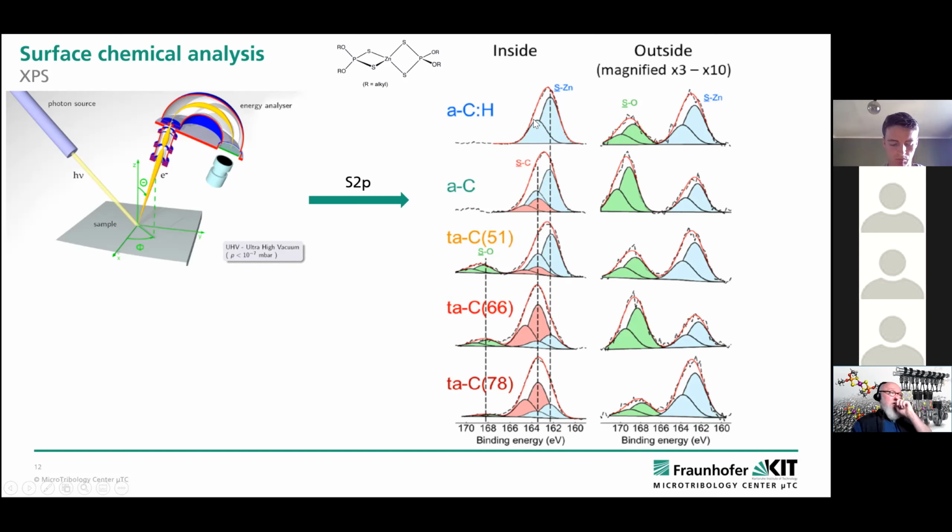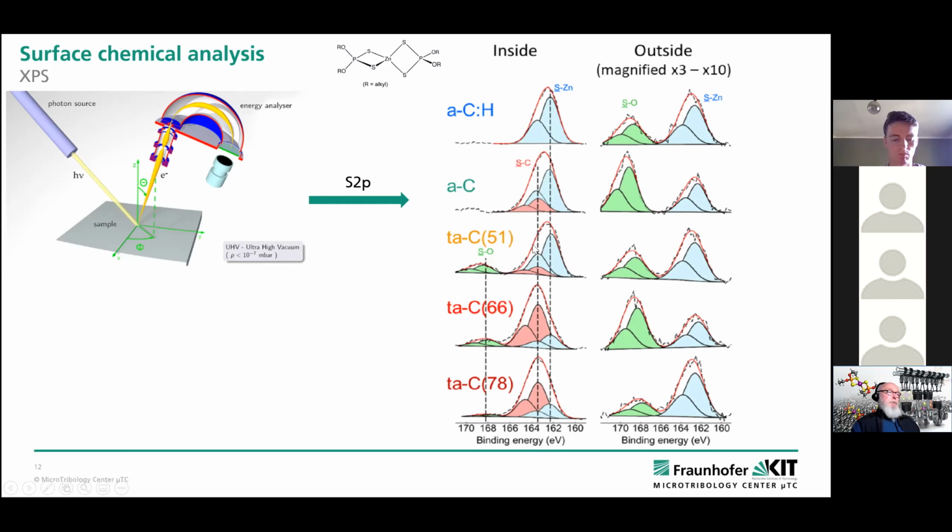Inside the wear scar, there was a pronounced difference. The sulfur oxygen bonds disappeared, and a new signal was emerging here at 164 point something, which are sulfur carbon bonds. So they are produced by sliding.